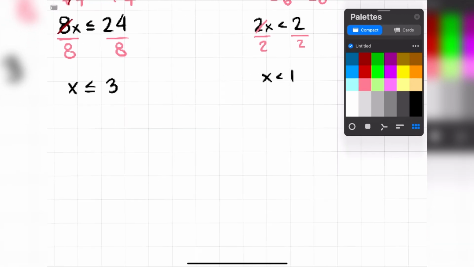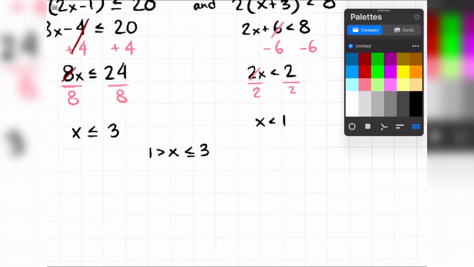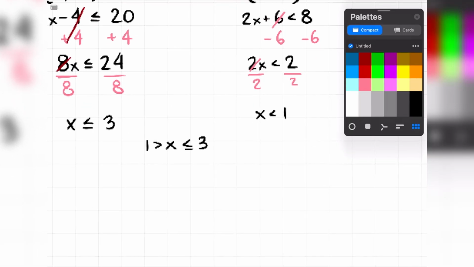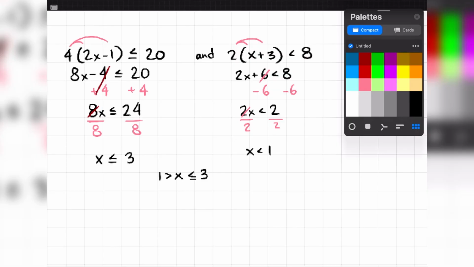So our answers are these two, which translates to x less than or equal to 3 and x less than 1. I think we made a mistake here because I don't think you can have it like this. There has to be some mistake here. Yeah, x is less than both. And I don't think you can have this. Hold on.